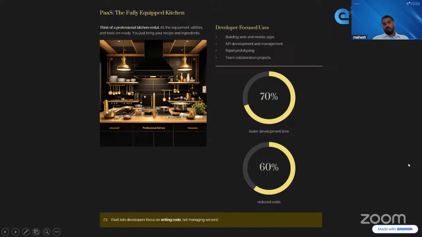Whenever I have extra work, I have to put more effort into that. So that's why 70% of the work will be developed a little faster, because the developer is responsible only for developing the application rather than going for the backend, because the entire backend infrastructure is being provided by the cloud provider. Hope it is clear. Let's move forward.